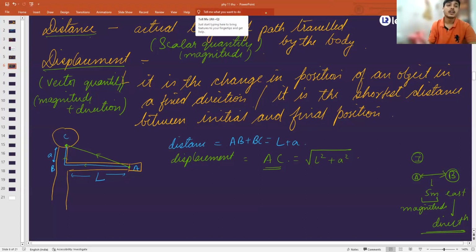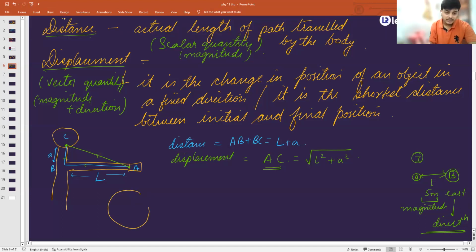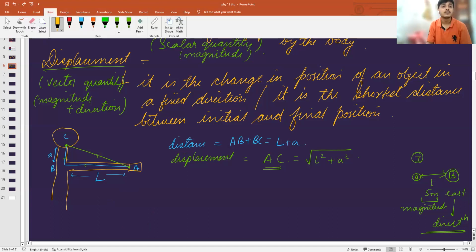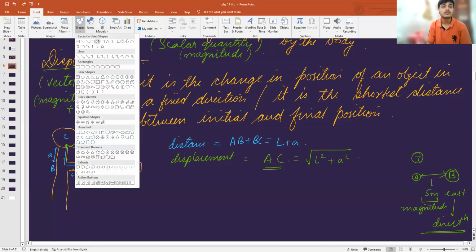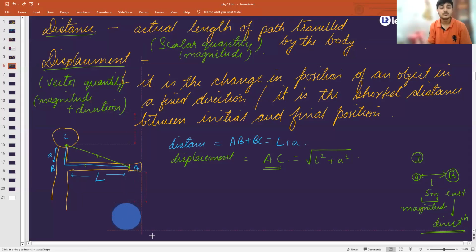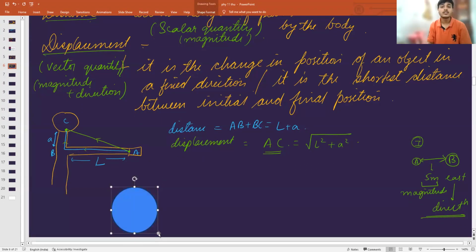Right. Okay. So try to solve a question. Question says that this is a circular park. The footpath in the park is circular. A boy starts from point A. Okay, let me draw it more perfect. Right. So this is a circular park.